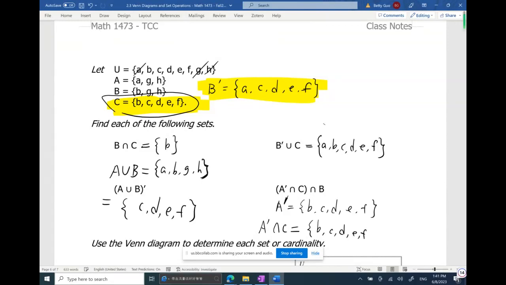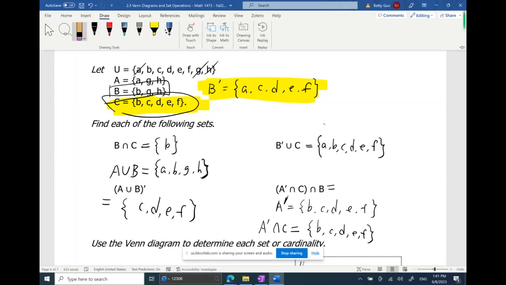Actually, they are the same, right? Turns out A prime and C are equal: B, C, D, E, F. So their intersection would be the same set. And then intersect B. B is right here.